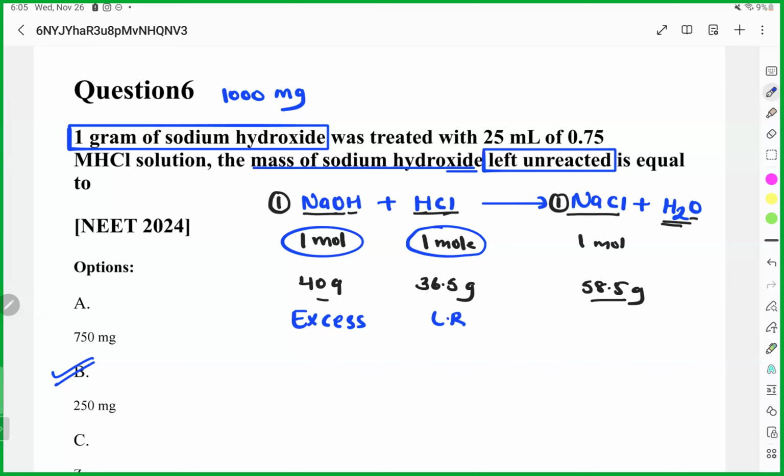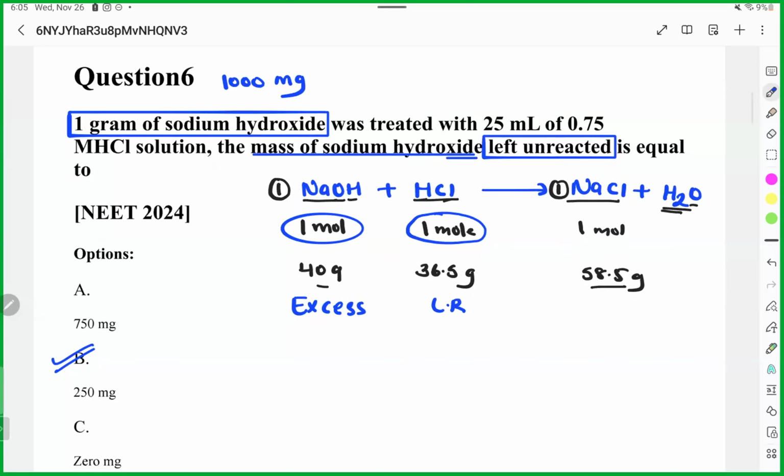Understood? Yes, sir. Whatever the number of moles of HCl, the same number of moles will be there for the NaOH. How to calculate the number of moles of HCl? Molarity is equal to number of moles divided by volume of solution, and if you take in ml, multiply by 1000. This is the formula of molarity.